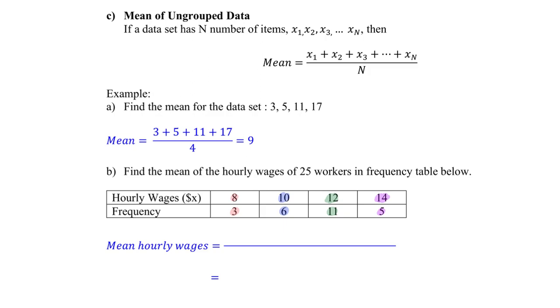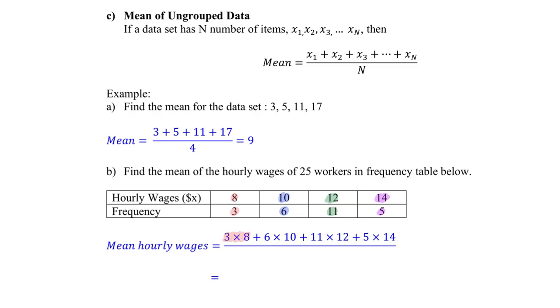You can either, since there are 3 workers with $8 each, do 8 plus 8 plus 8, or 8 times 3, followed by 10 times 6, 11 times 12, and 5 times 14. That will give me my total wage.